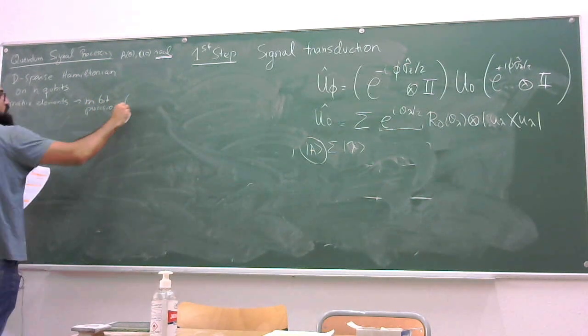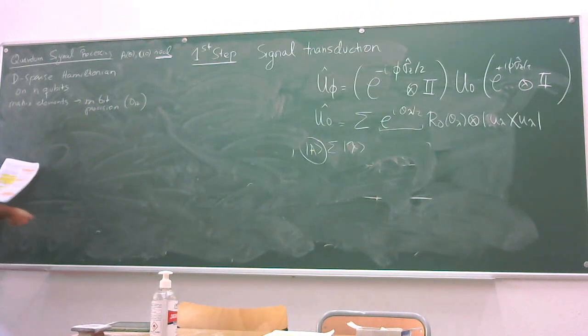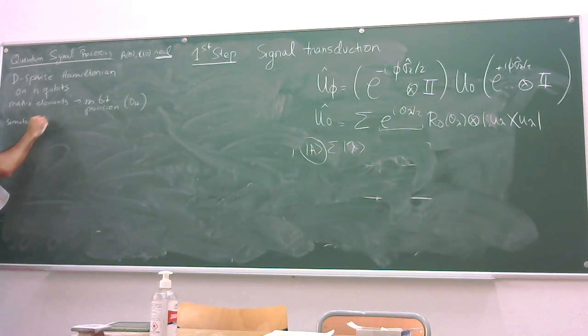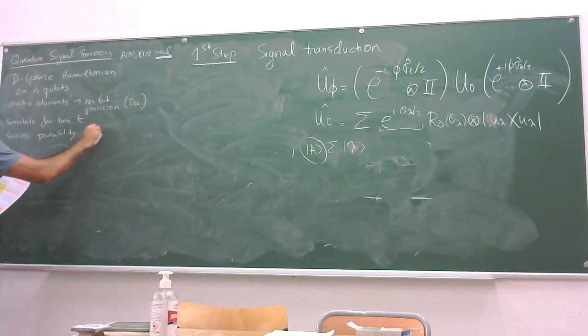This is because of oracle H. And we want to simulate for time t with success probability (1 minus 2 epsilon).